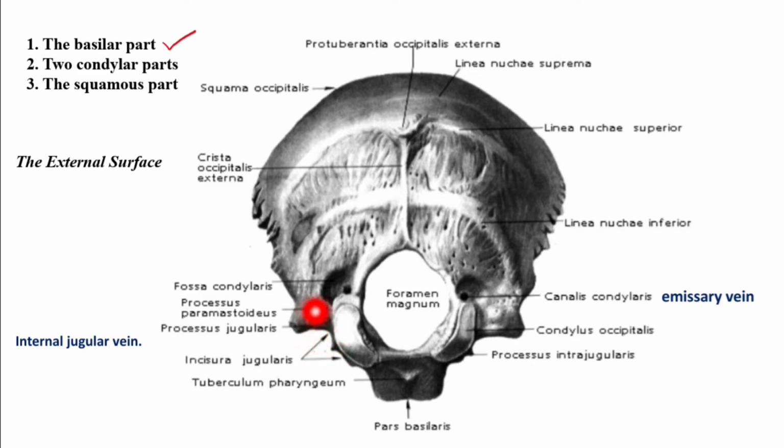It forms the posterior part of the jugular foramen, right? In the jugular foramen, posteriorly, there will be the internal jugular vein, and then anteromedially you find cranial nerves 9, 10, and 11, right? And here on this tubercle, that's where the fibrous capsule of the pharynx will be attached.